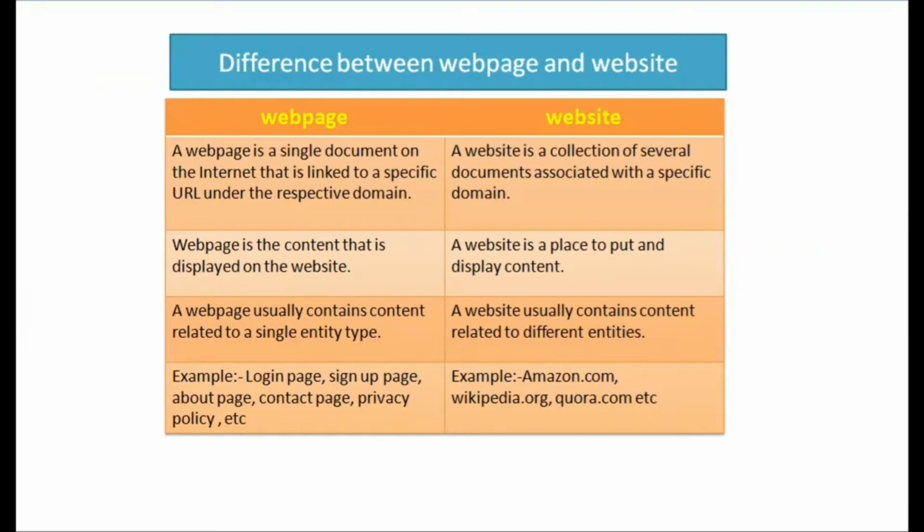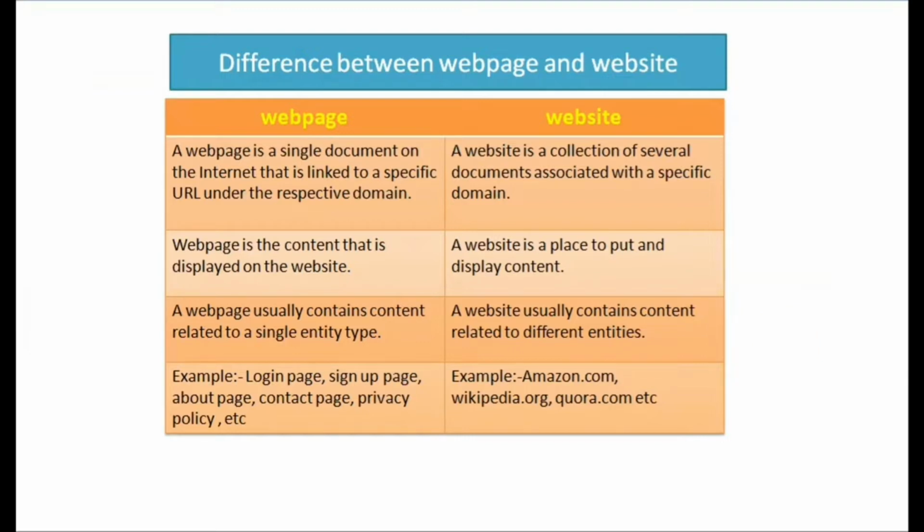So we have seen web pages in the Amazon are login web page is there, about web page is there, payment web page is there. So all these web page are included inside the website of Amazon. Next point, a web page usually contain content related to a single entity type, whereas a website usually contain content related to different entities.